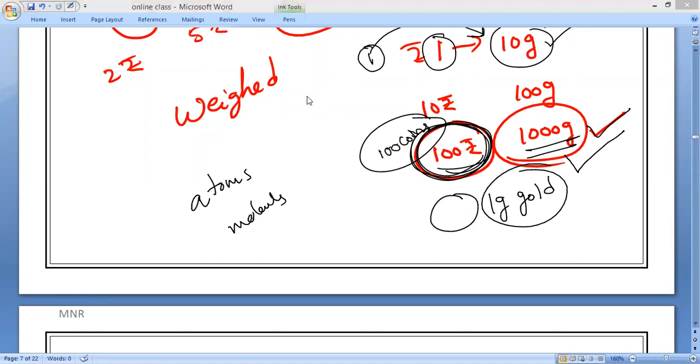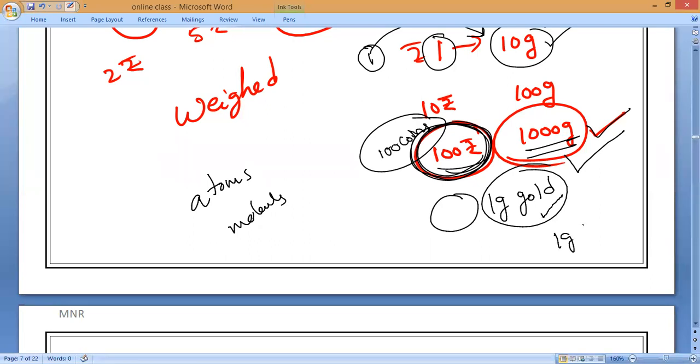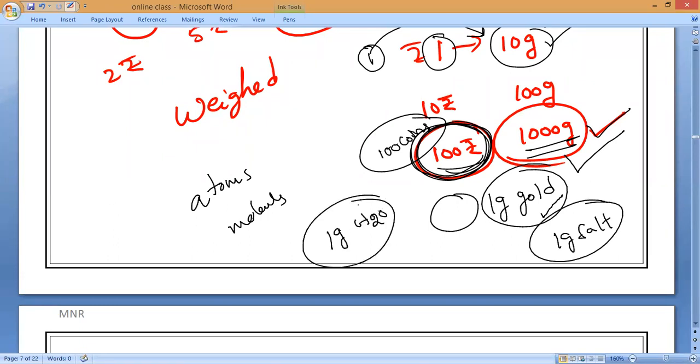Suppose I have given you 1 gram of salt, or 1 gram of water, and I ask you to count the atoms. Is it possible to count? Please respond. Is it possible to measure and count the particles? That is what I am asking.